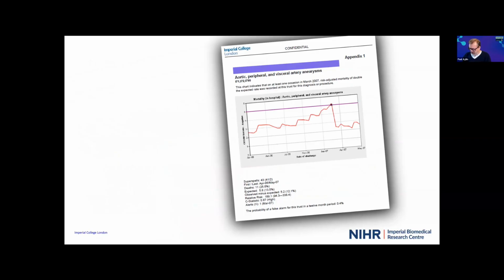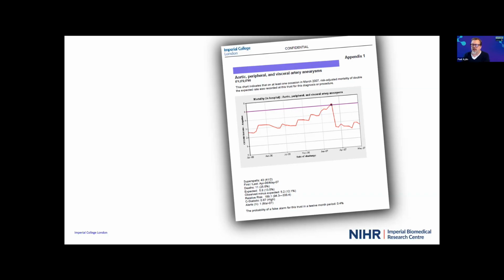And we came up with a system that could monitor some 100 different diagnoses and surgical procedures by hospital on a monthly basis. We were able to run these SPC charts each month for these hundreds of different processes, and flag those processes which alerted on our system, and we wrote to the hospitals concerned.